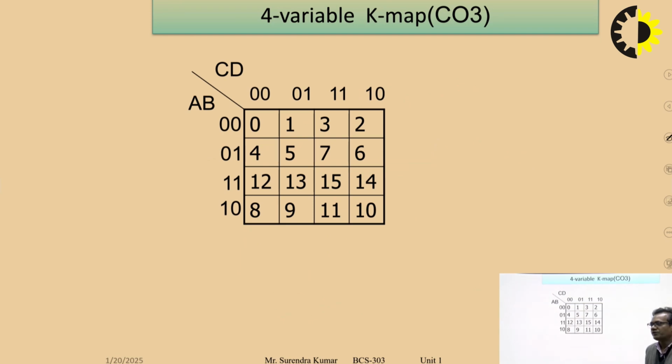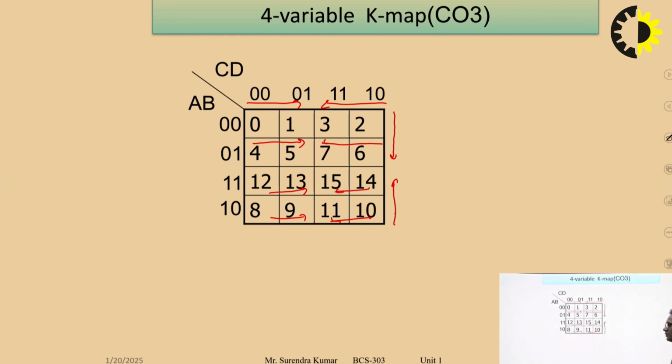this is the 4 variable K-map. How can you write the cell numbers of a 4 variable K-map? This is 0, 1, 2, 3, 4, 5, 6, 7, right. When we have done this much up to here, now we will continue from here, so we start from here with 8, 9, 10, 11, 12, 13, 14, 15, right?